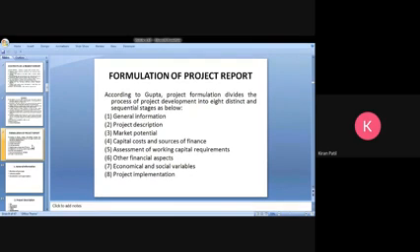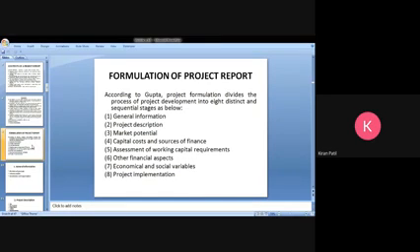Product range. For example, if you're producing a mobile, just consider that you're producing a mobile. You don't produce a single model of it. You produce multiple models of the mobile with various features. So that again needs to be mentioned.